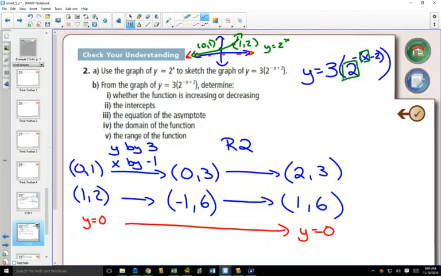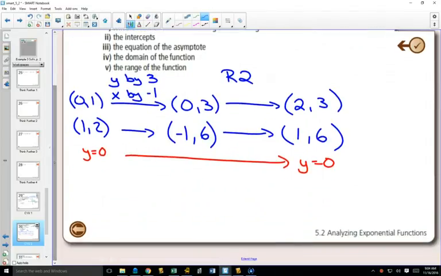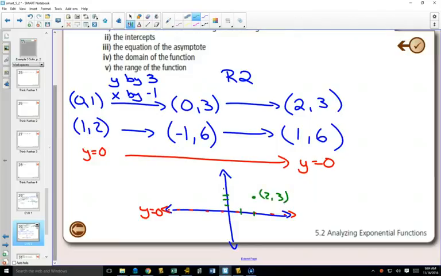So for our final graph, we are going to have our asymptote still at y equals 0. Label our points. 2, 3, 1, 6.